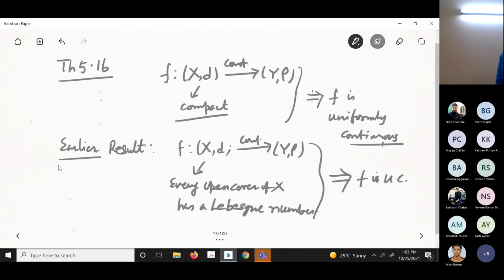This I have proved before. So in the previous result I proved that if X itself is compact, then every open cover will have a Lebesgue number. So f will be uniformly continuous.